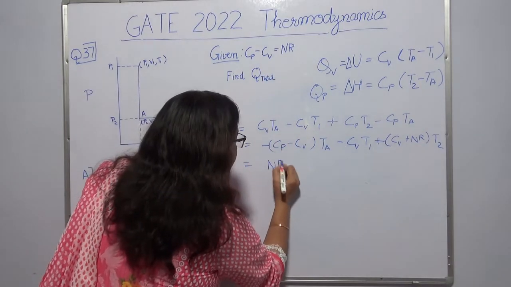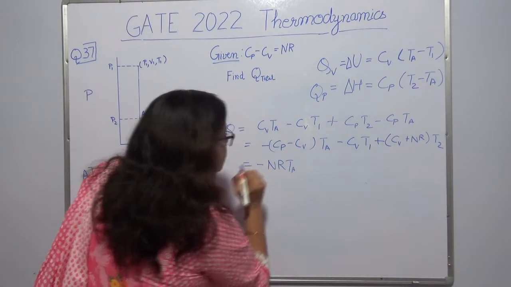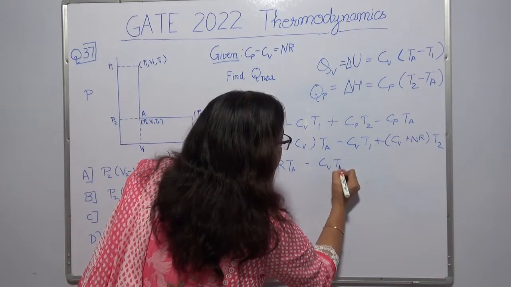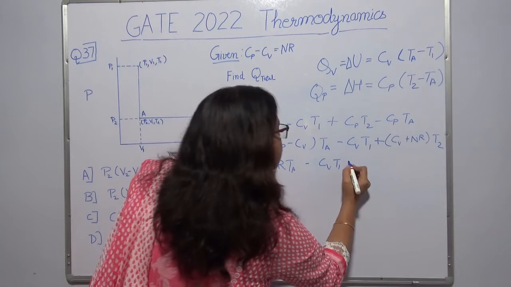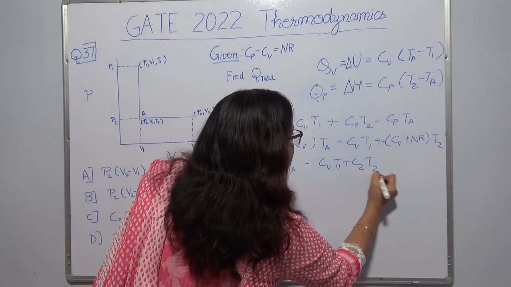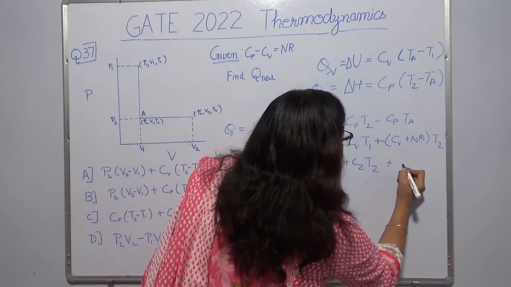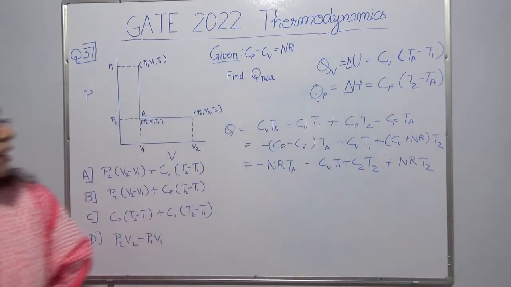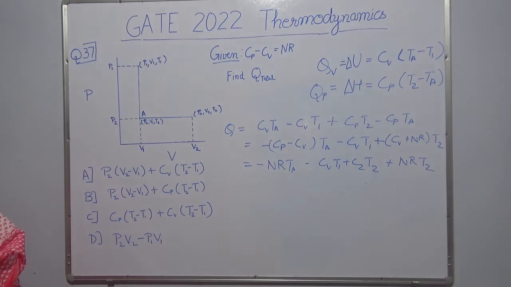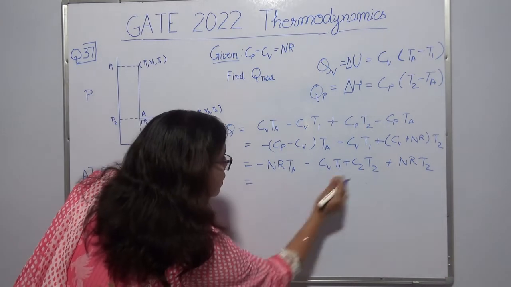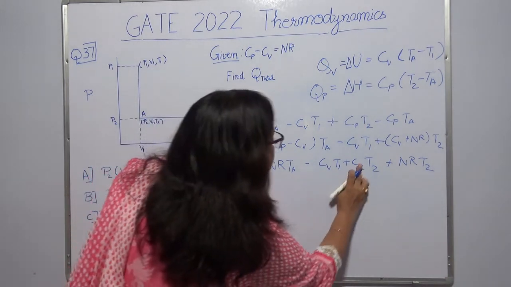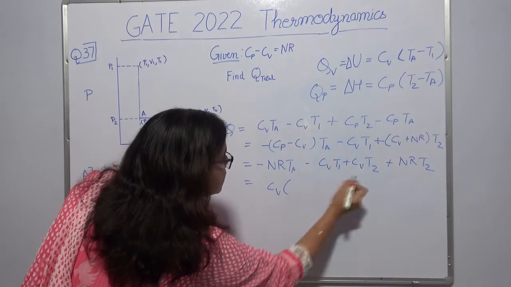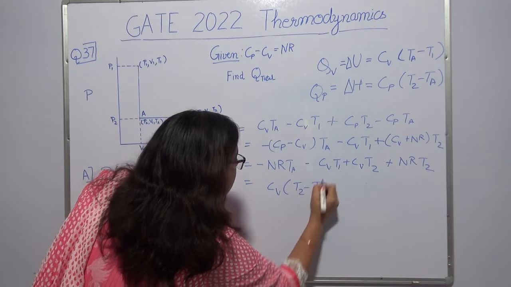So I am going to write nR TA, because minus of this, minus Cv T1 plus Cv T2 plus nR T2. Now first of all I am going to write this as Cv times T2 minus T1.